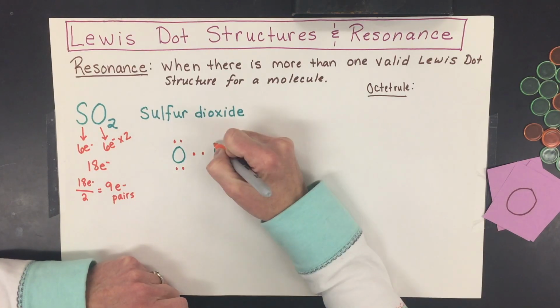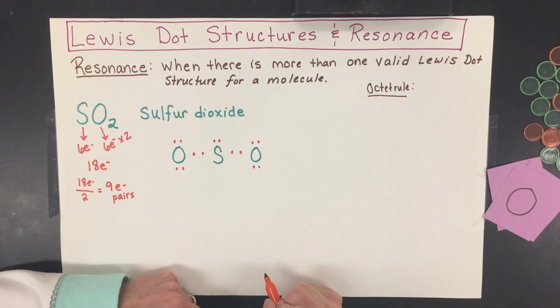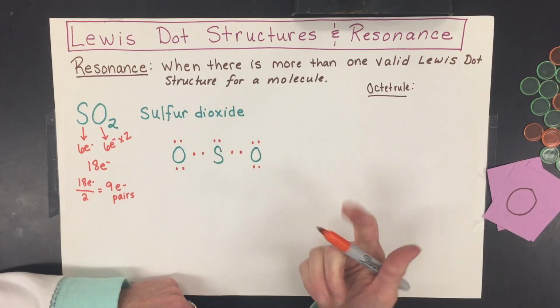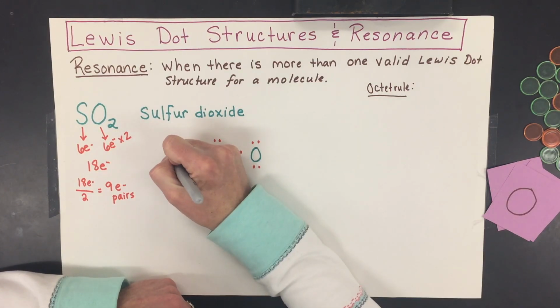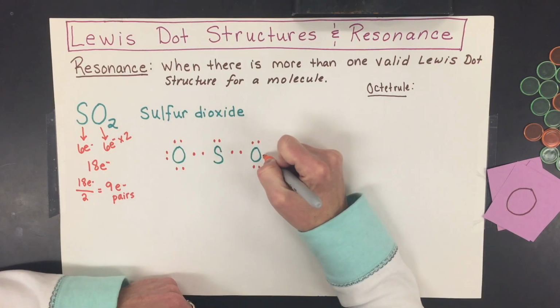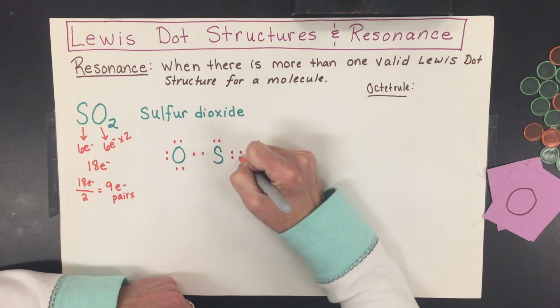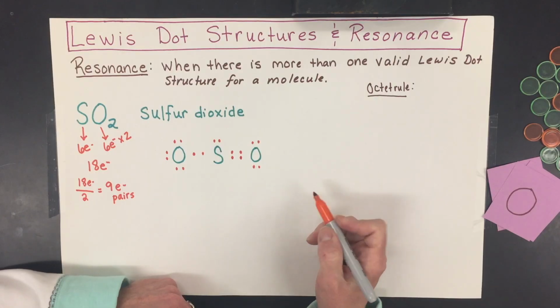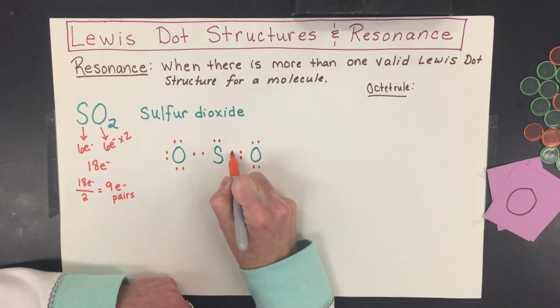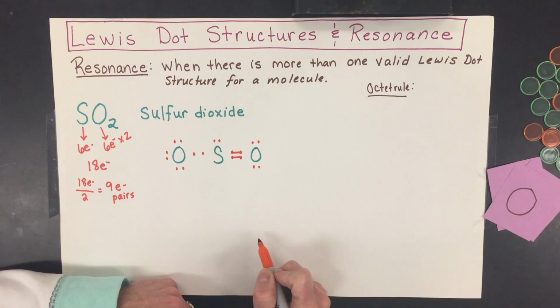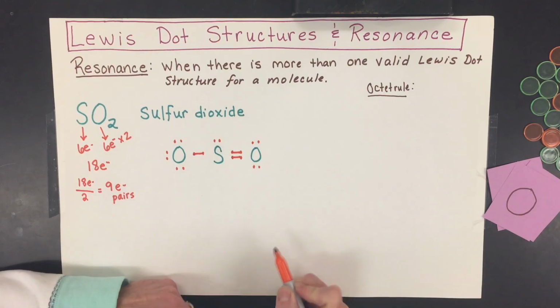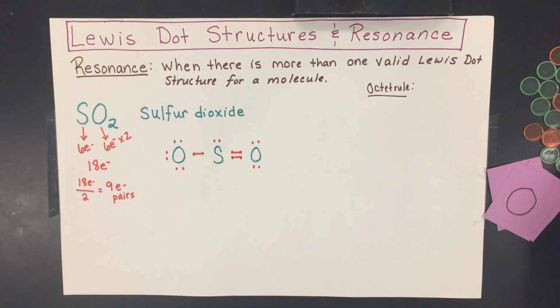And then my following step after that was I gave sulfur 2 electrons so that each atom had 6. But I had 2 pairs left, so I placed a pair here. And then I can't keep that pair there, otherwise the sulfur won't have 8. And again, what happens here is that makes a double bond. So if you wanted to, you could just connect these and show that that's a double bond, and that's a single bond. But that isn't the only right answer.